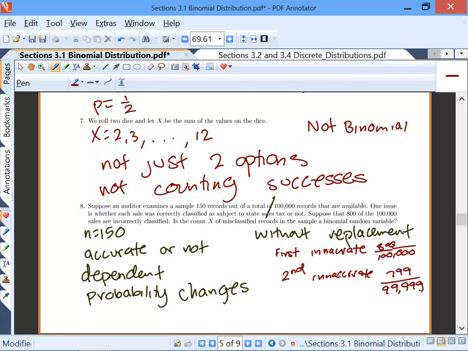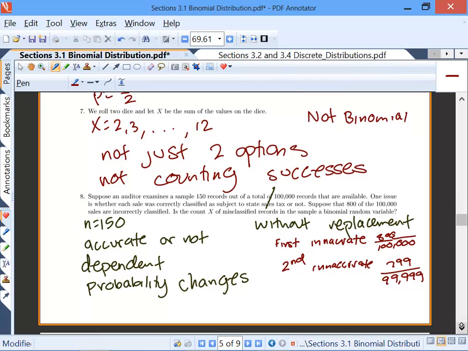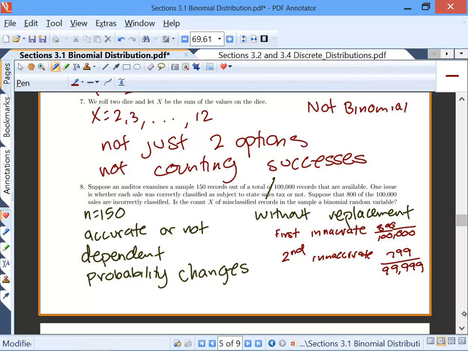Do you think that that little thing is going to make any practical difference to us? No, and so what happens is if we have a huge population, so my population is this 100,000 records. If your population is a lot bigger than your sample, then you can sample without replacement and still consider a binomial random variable. Because yes, the probability changes, but not enough to make a practical difference.